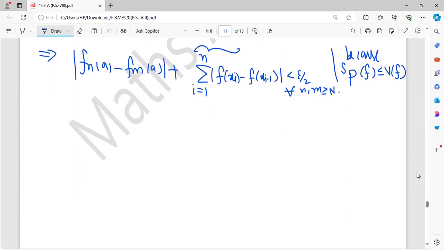So letting, so here I have made a mistake. Let's correct it.